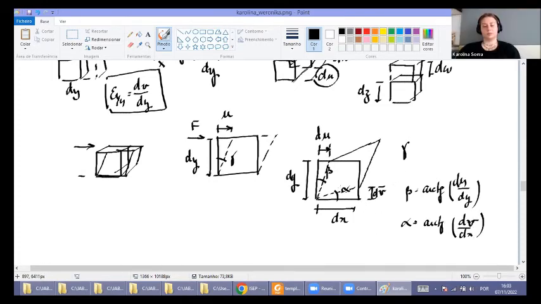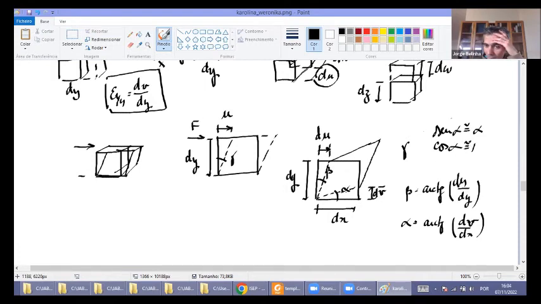But we know that for very, very small angles, the sine of alpha is actually alpha, and the cosine is actually 1. So the tangent of alpha is actually alpha itself, because tangent is sine over cosine. So the arctangent of this is actually beta itself.